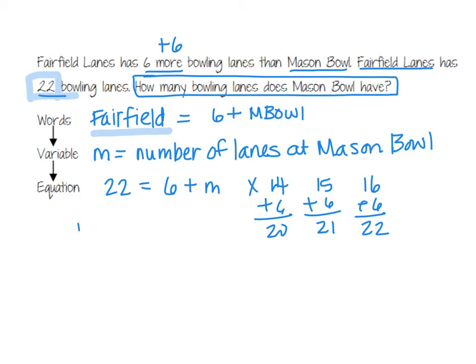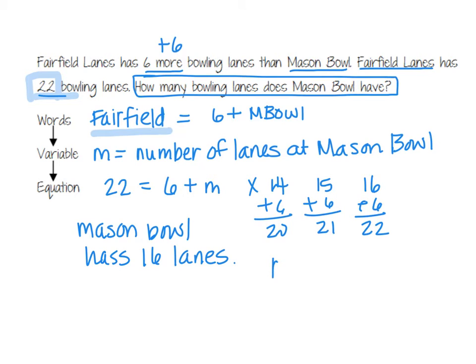So we can say that Mason Bowl has 16 lanes. We can also write that as m equals 16. That means that value of 16, when I put it in place of m, I will get an equation that is equivalent to 22.